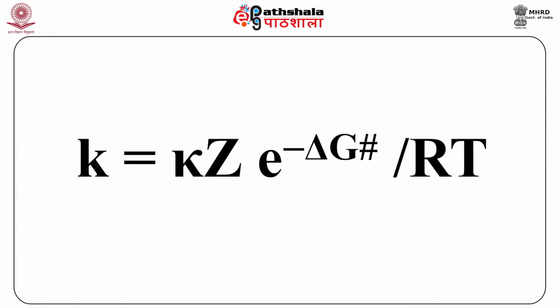So the equation is k equal to chi Z e to the power minus delta G dash by RT. E0 is the reduction potential for cells.